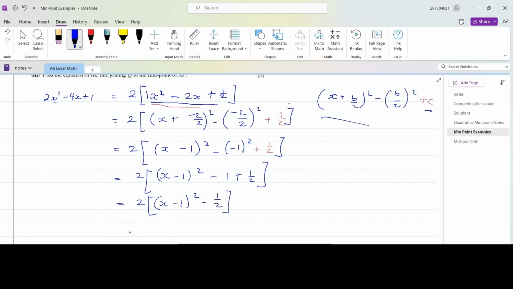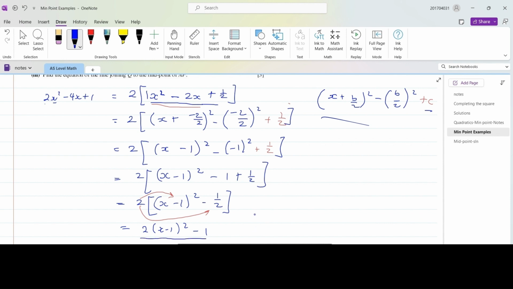The last part now is to break this square bracket, by multiplying this 2 times the bracket and also 2 times that constant. So the final answer is going to be 2(x minus 1) squared minus 1.